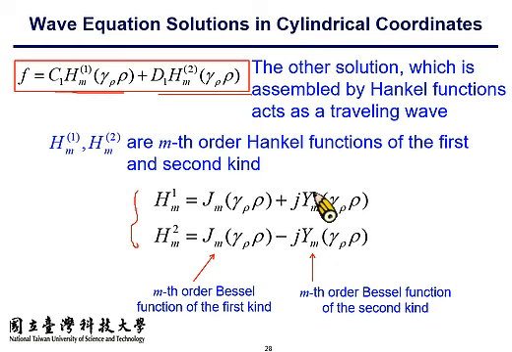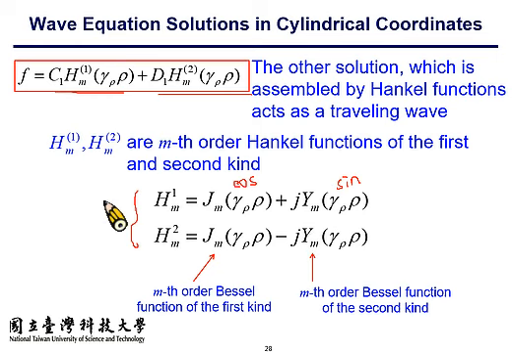For large rho, as we saw in the previous slides, the Bessel function of the first kind approaches the cosine function, right? The Bessel function of the second kind approaches the sine function. So the Hankel function of the first kind looks like cosine plus j sine, and the Hankel function of the second kind looks like cosine minus j sine.